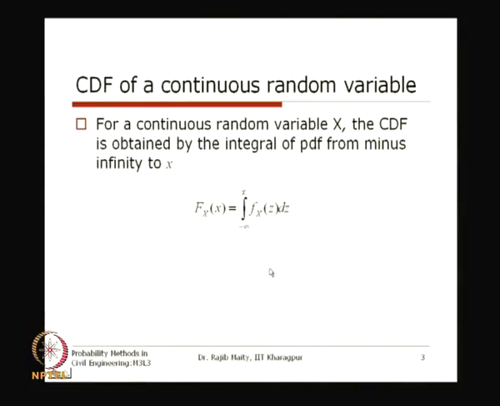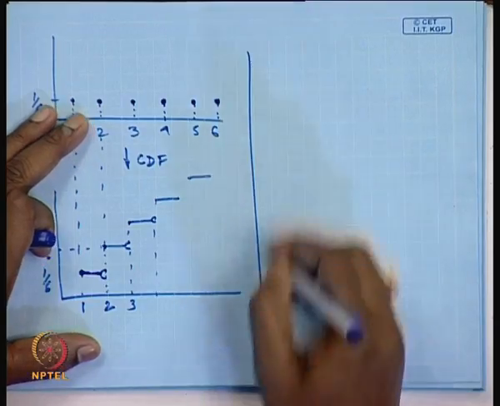Similarly, let us see the CDF for a continuous random variable, where we know that the probability density function that we discussed in the last class has a continuous distribution over the entire support of x. If we want to know the value of the CDF at a particular point x, that means F(x), we have to see the total value up to that point.